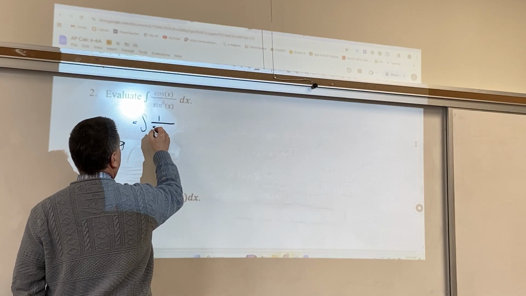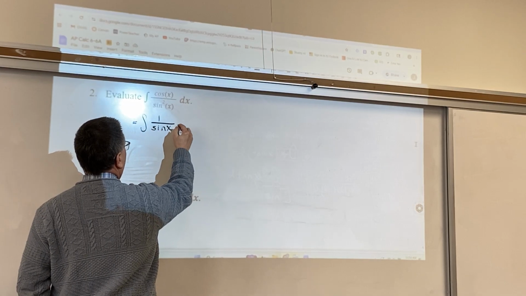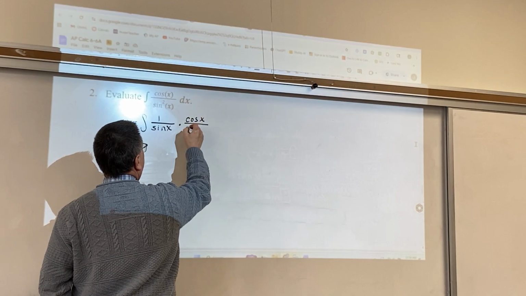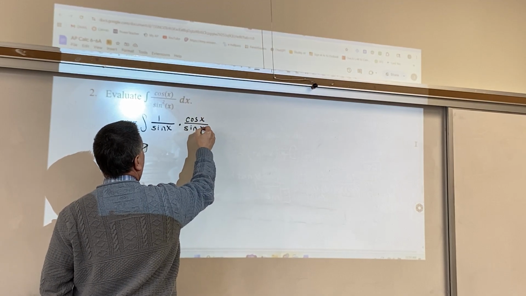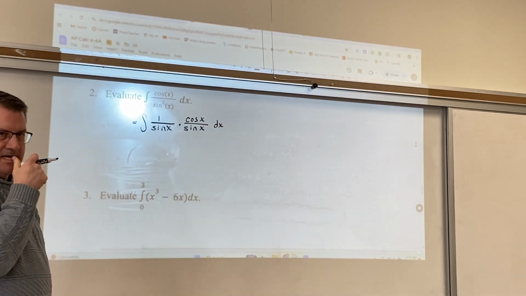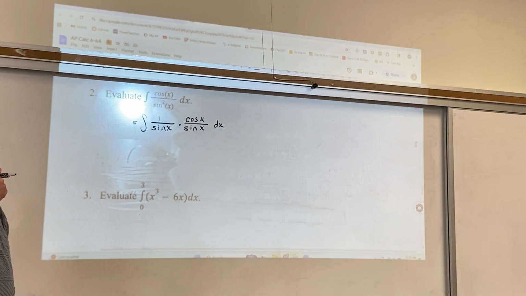I would try this, I would maybe break up the bottom. And then I've got cosine, sine over here. Right. Does that get me anywhere?